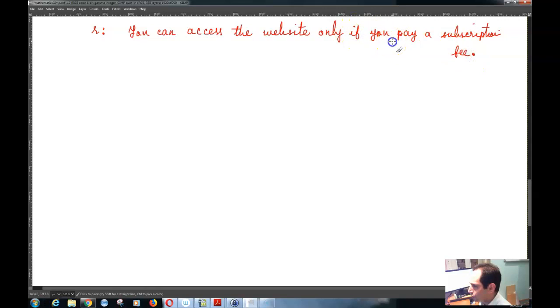So when you have only if, that means that this is a necessary condition for this. That means that you can think of this as your P statement, and you can think of this as the Q statement.